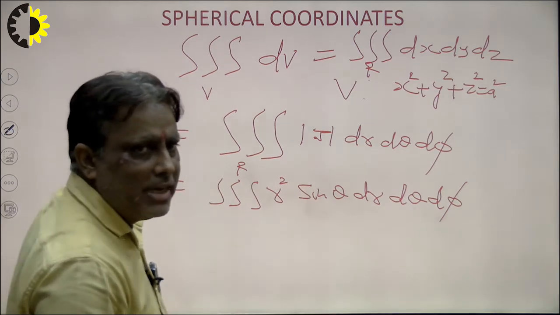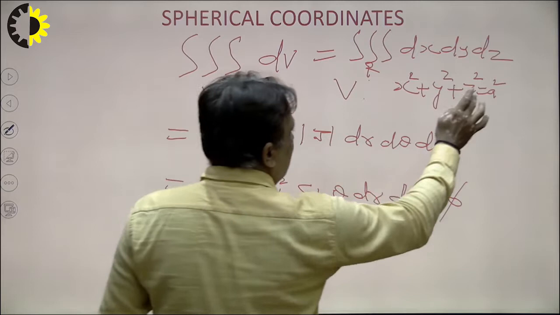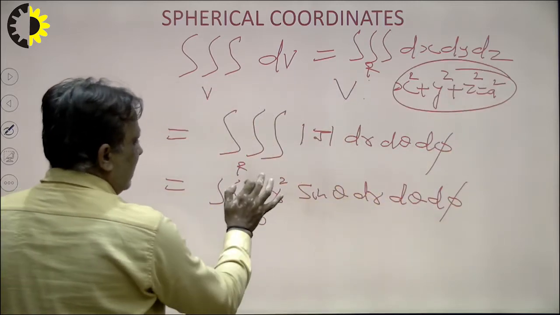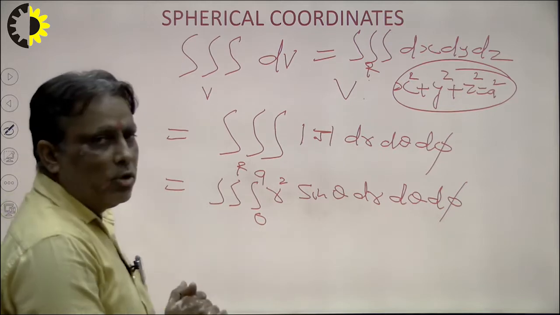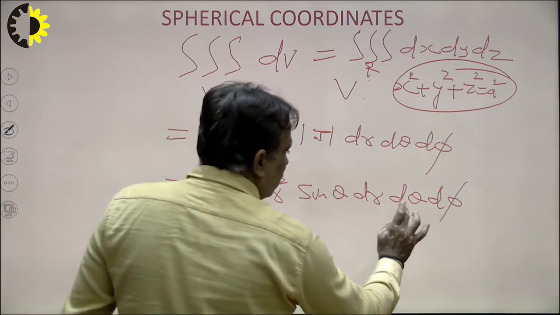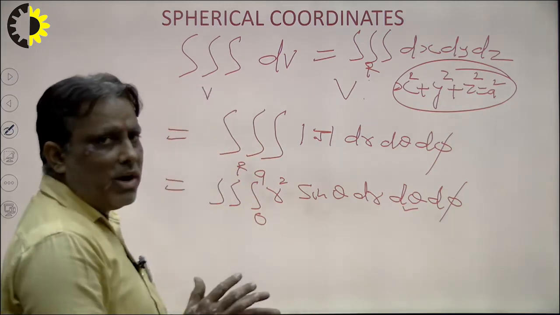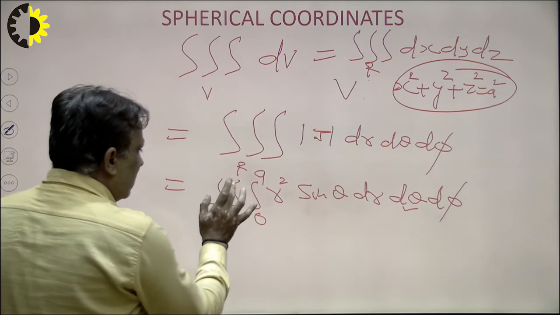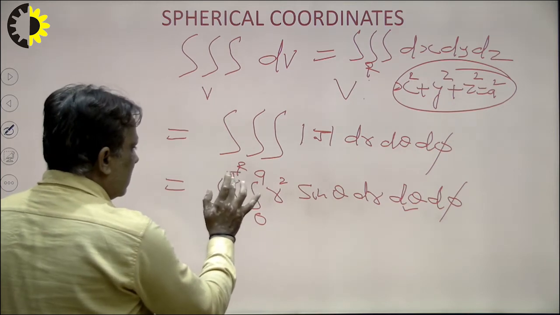What is the limit of r here? The radius of the sphere, so it will be 0 to a. What will be the limit of theta here? Theta lies in the first quadrant, so it will be 0 to pi by 2 here, clear.